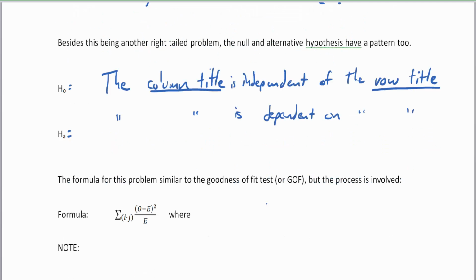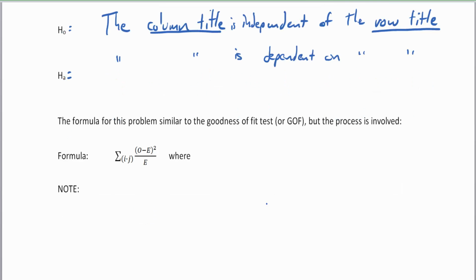So we have this formula. Now this formula looks pretty familiar, right? Observed minus expected squared divided by expected. You did this on the last kind of problem, the goodness of fit tests that we did.